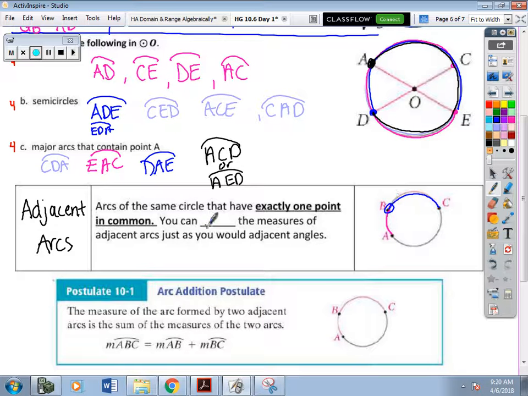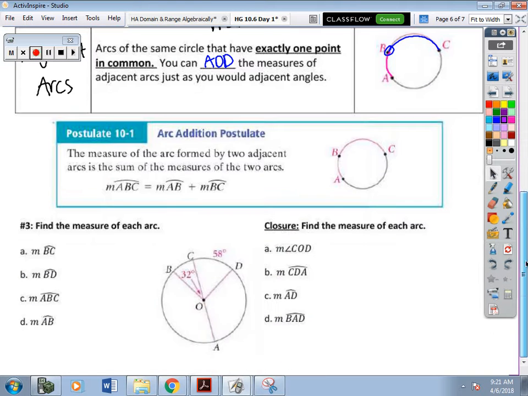And so you can add the measures of the arcs just like you would add adjacent angles or segments. So the measure of arc ABC would be equal to the measure of arc AB plus the measure of arc BC. Okay, so just showing that you can add these together to figure out the total arc.